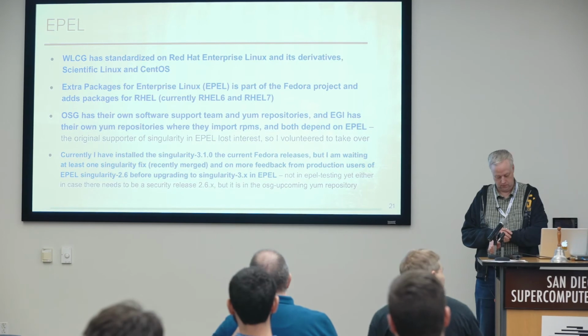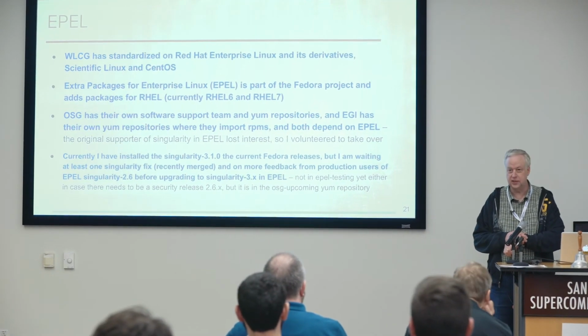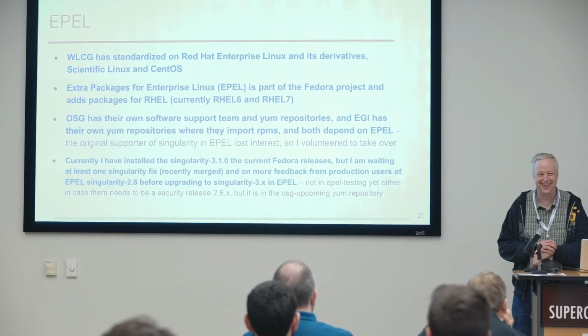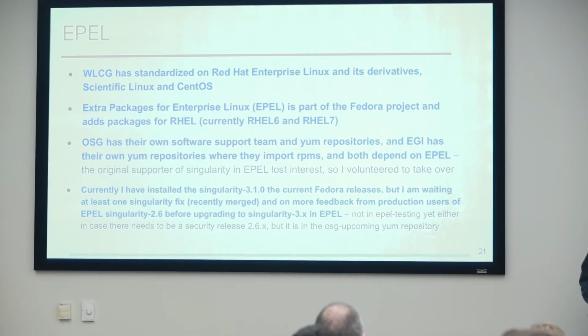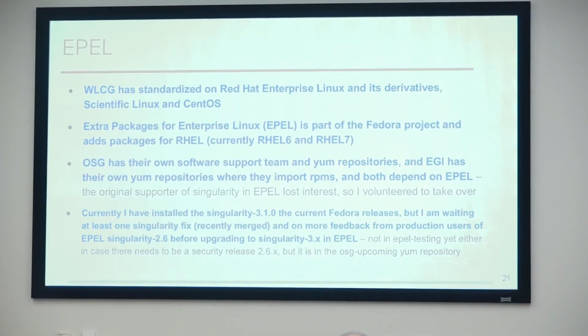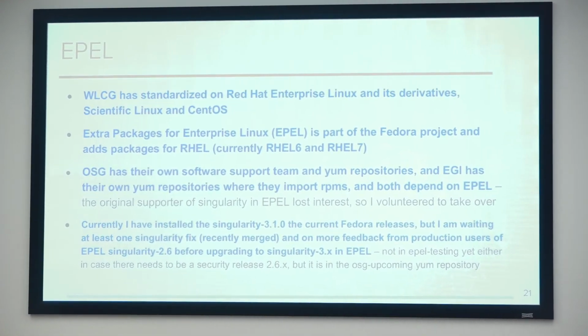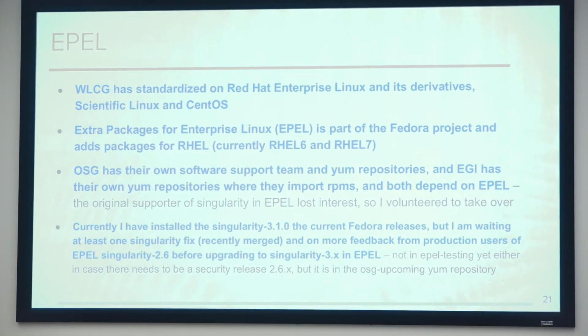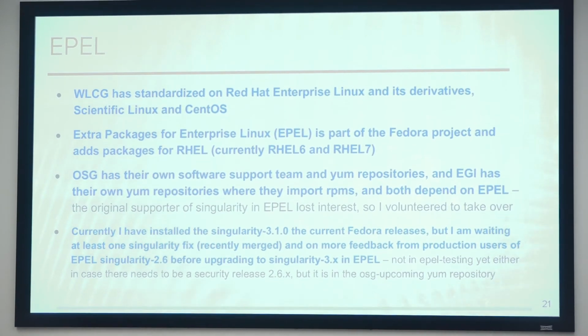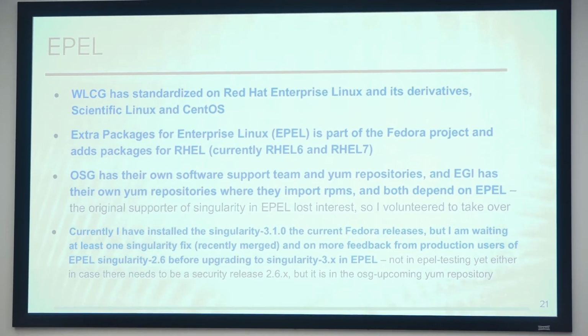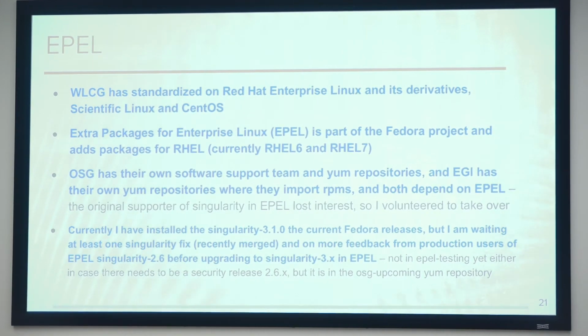Okay. Of course, we were 15 minutes ahead of schedule to begin with, but I only have one more slide. So this is it. I also just want to mention Enterprise Linux. Probably most of you are familiar with it, but WLCG has standardized on Red Hat Enterprise Linux and its derivatives, Scientific Linux and CentOS, and EPEL is the Extra Packages for Enterprise Linux.